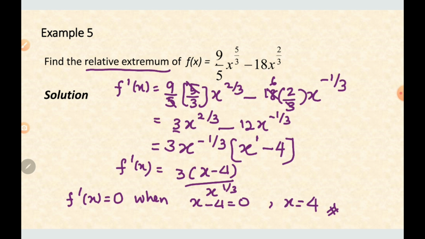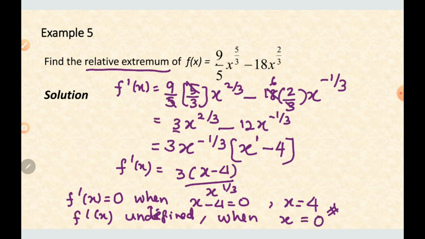Secondly, you need to find what is the value of x for f prime x undefined. f prime x undefined when x equals 0, means the denominator here equals 0.